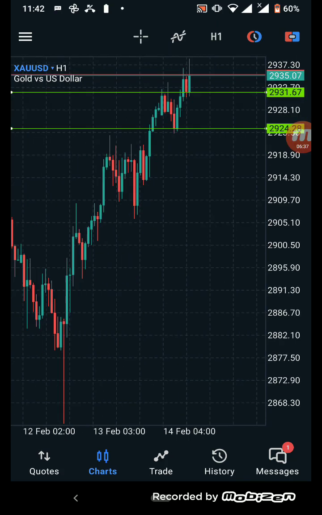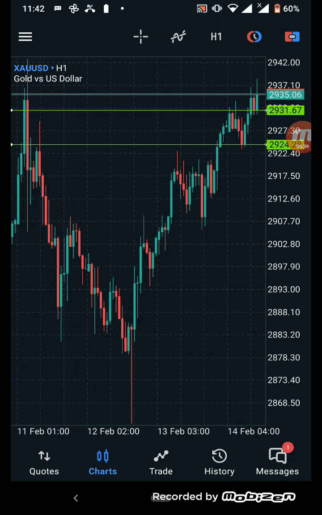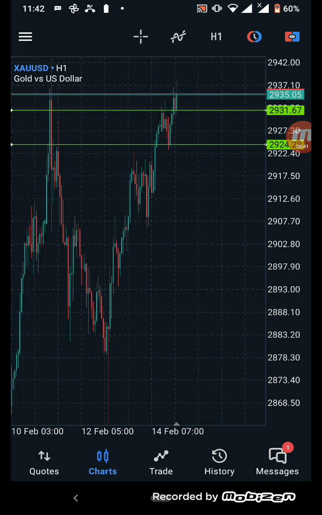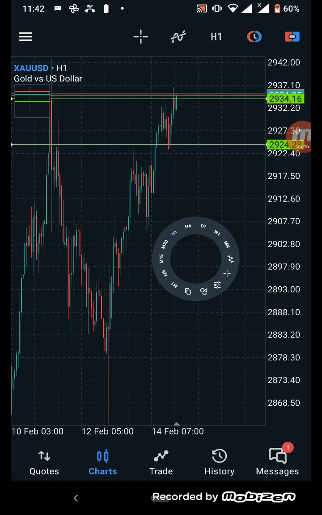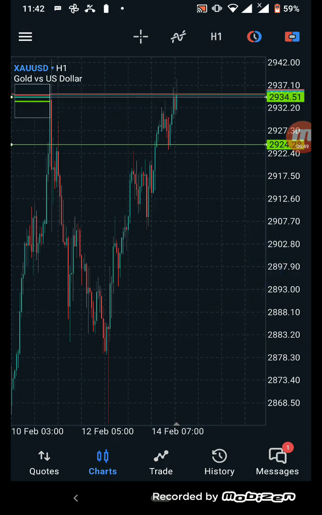And the 1 hour time frame. Let's use the 1 hour time frame. Now, as you can see, when the market reaches this point right here, it's more of a key zone, right? When you want to detect support and resistance, you look at the areas where the market frequently respected.